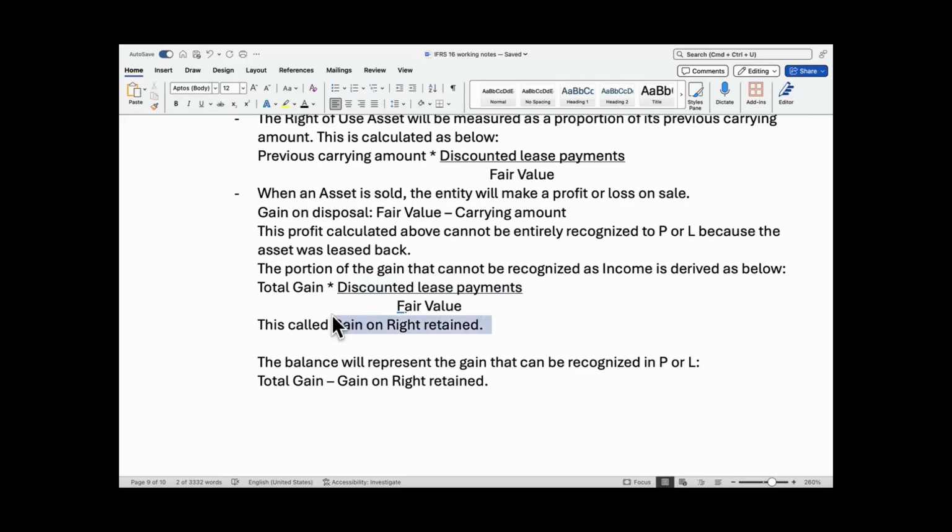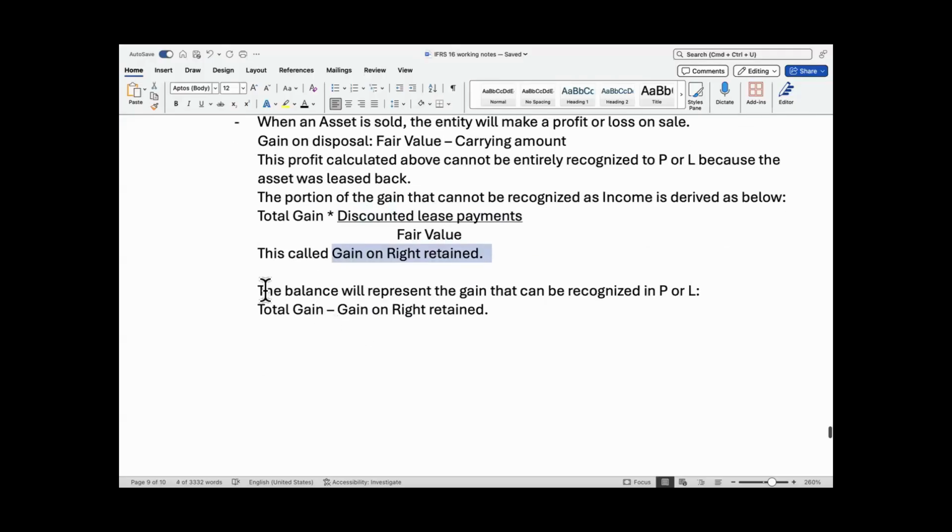This portion of the total gain should not be recognized to P&L. So the balance is what we recognize, which is the total gain minus gain on rights retained. The above result is known as gain on rights transferred.